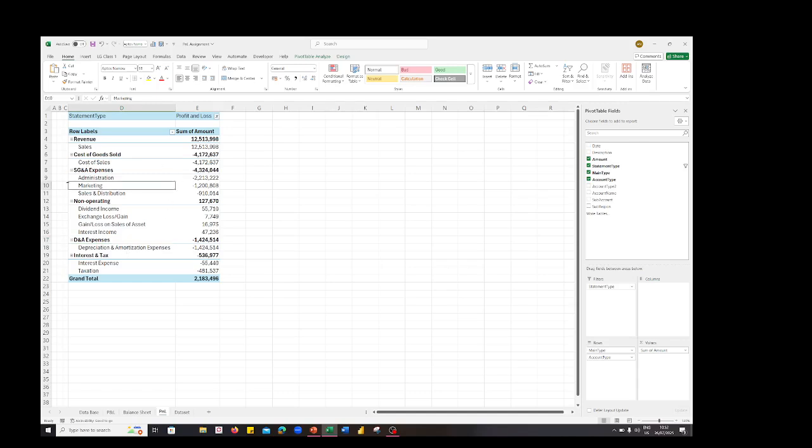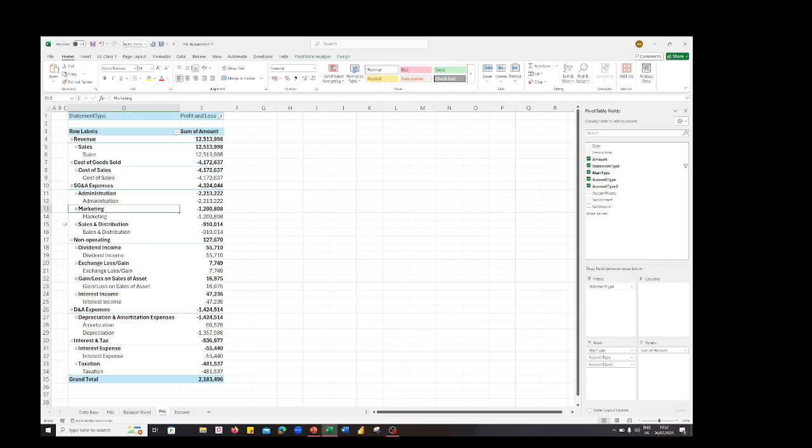Okay, if you want to drill down to actually know the total, we can leave it this way, but if you want to drill down, say the dividend income also has some other items underneath, you can bring in this account type 2.